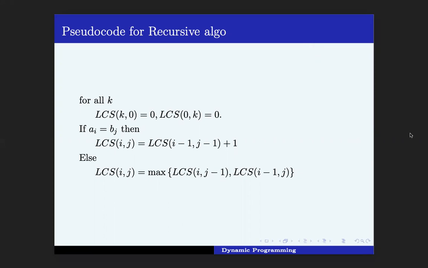Very good. So the basic thing, again I repeat, something similar to what we have done earlier. When we have a recursion like this, we have to somehow ensure that we don't end up doing the same computation multiple times. And in this particular problem, that is going to happen, because we are branching out. This is LCS of i, j minus 1 and i minus 1, j.